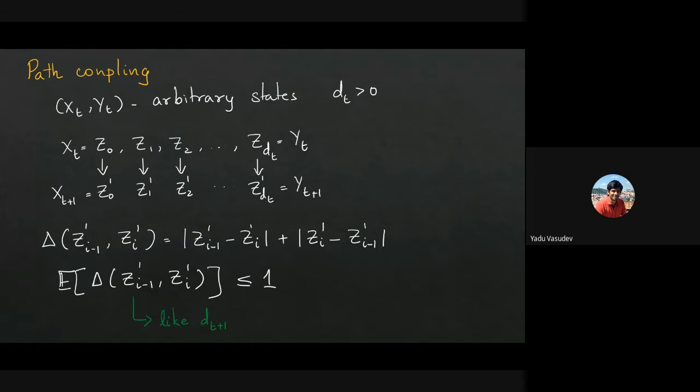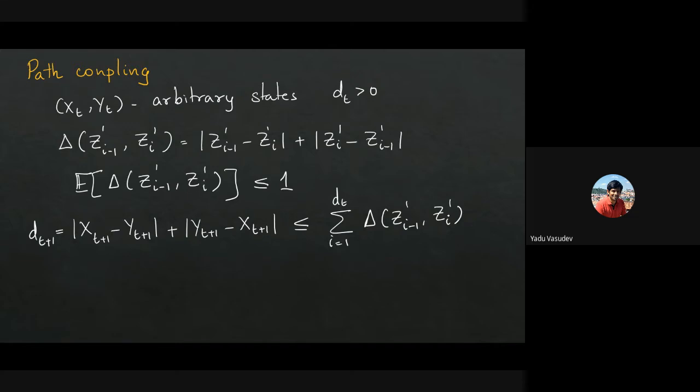Okay. So then what you want is dt plus 1, which is the cardinality of xt plus 1 minus yt plus 1 plus the cardinality of yt plus 1 minus xt plus 1. What you do is basically write some sort of a telescopic sum, and then use the triangle inequality.